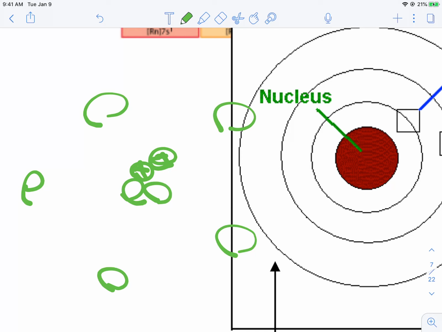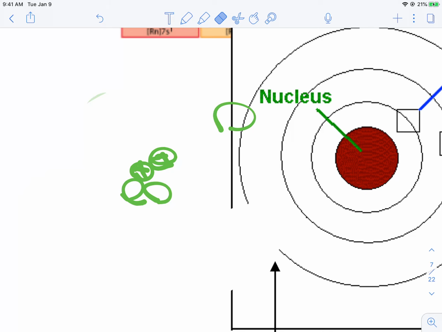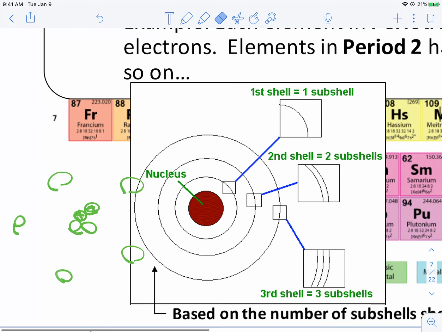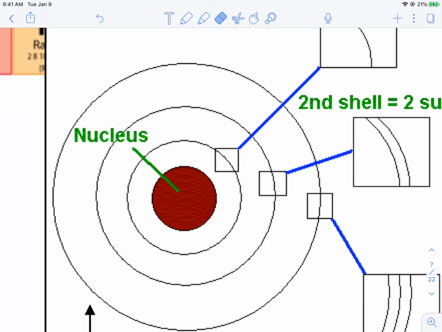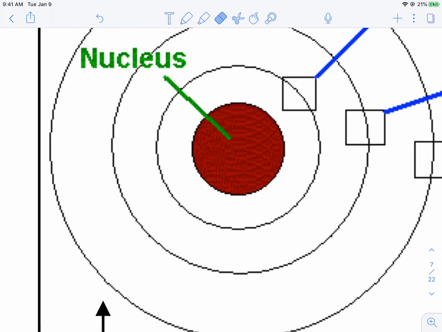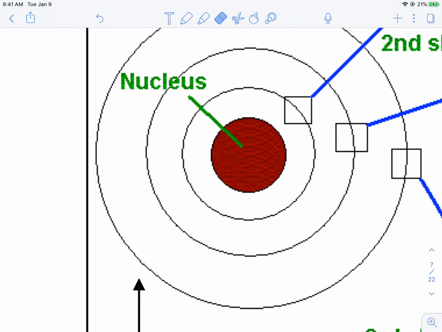The real way that atoms have electrons going around them is that they go in different layers or subshells. So you'll see here that electrons can be on this level, they can be on this level, and they can be on this level. So that means that this atom has not 1 or 2, but 3 subshells that electrons can be distributed on.